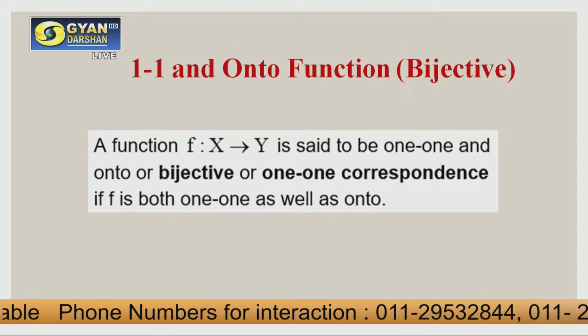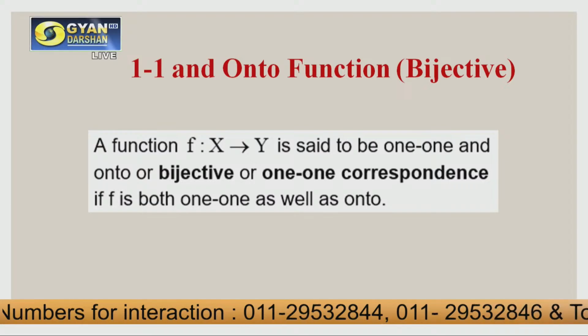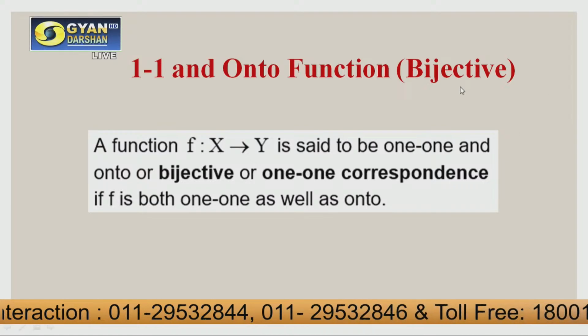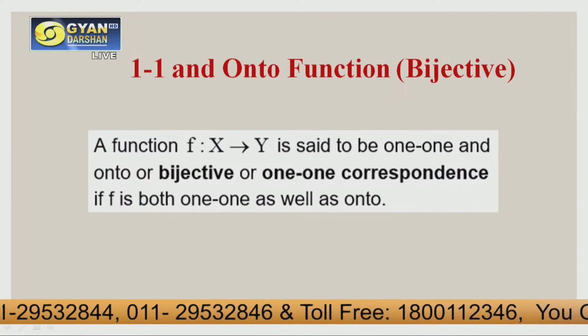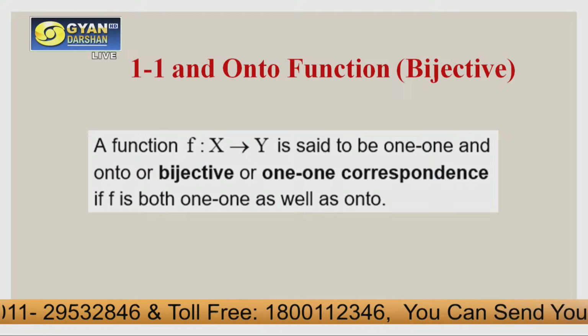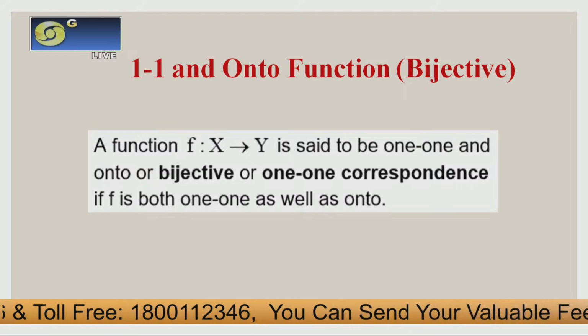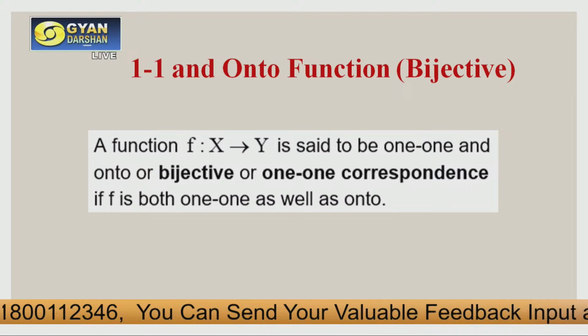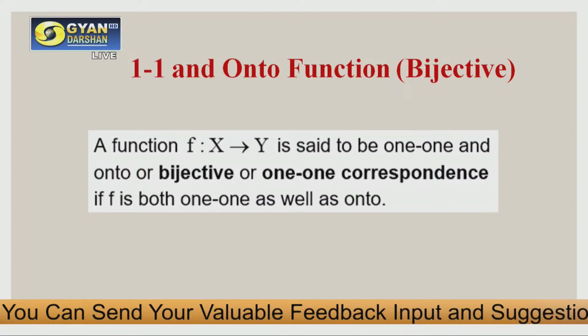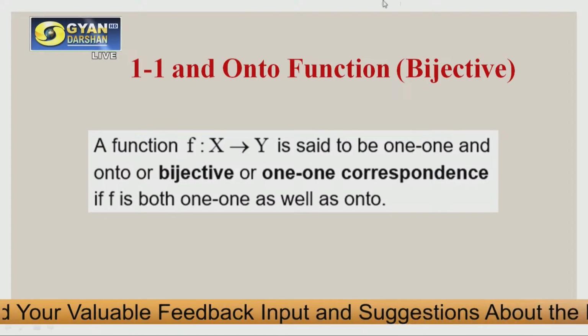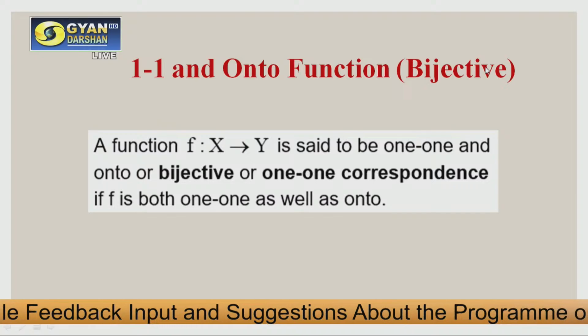Now if a function is both 1-1 and onto, that is known as a bijective function. Injective is used for 1-1 function, surjective for onto function, and bijective means both 1-1 and onto. So you can say 1-1 and onto, or you can say bijective functions.